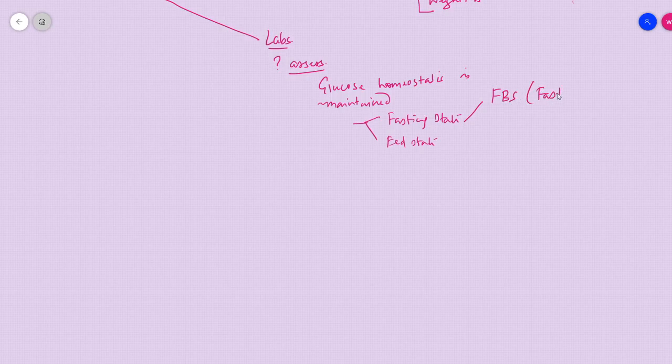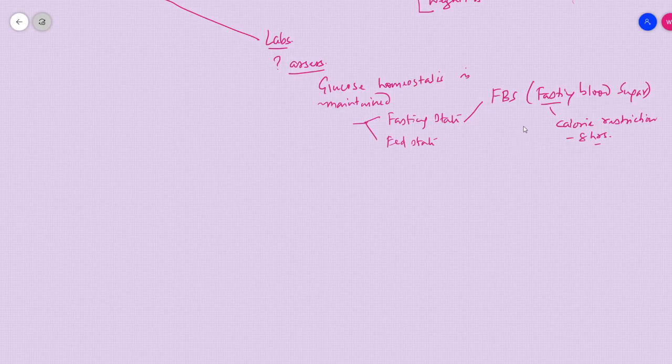What does fasting mean here? We mean calorie restriction for 8 hours. The patient is not supposed to take meals in the previous 8 hours before the test.